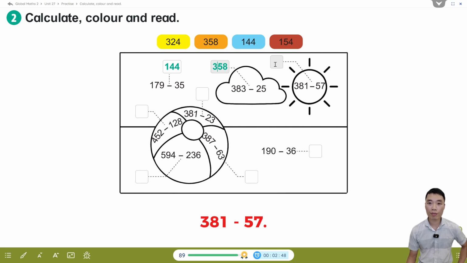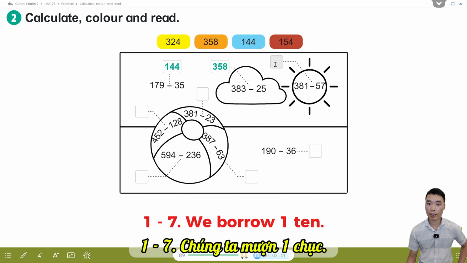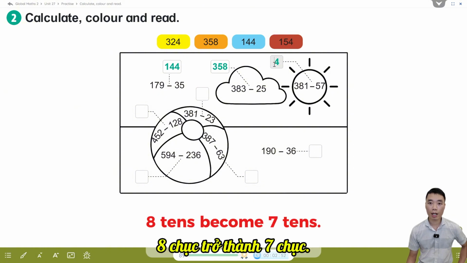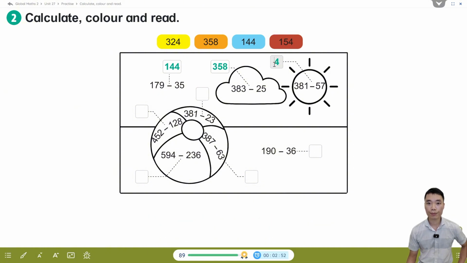381 minus 57. 1 minus 7. We borrow 1 ten. 11 minus 7 equals 4. 8 tens become 7 tens. 7 minus 5 equals 2. 3 minus 0 equals 3.